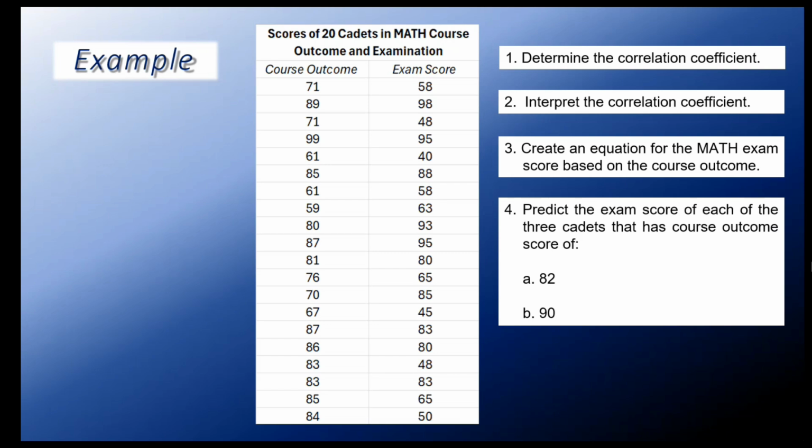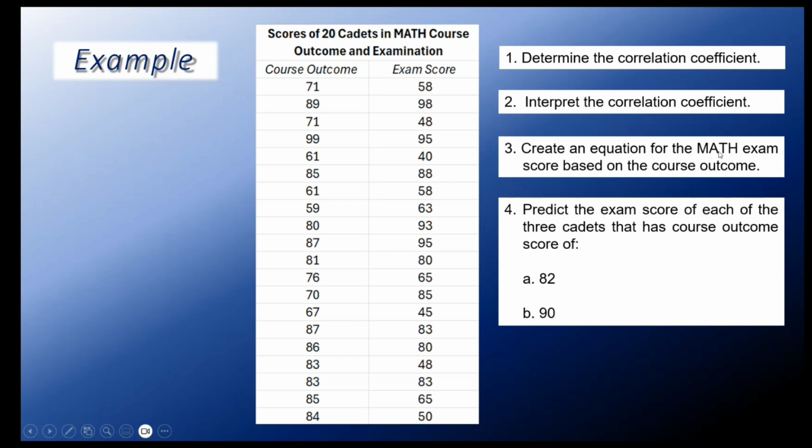Then third, we're going to create an equation for the math exam score based on the course outcome. So in number three, this is create an equation. This is wherein we are going to do linear regression. So remember the y equals a plus bx. We need to know the values of the a and the b, substitute them in the said form, and then we're going to have our equation.